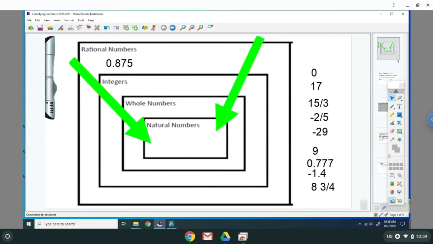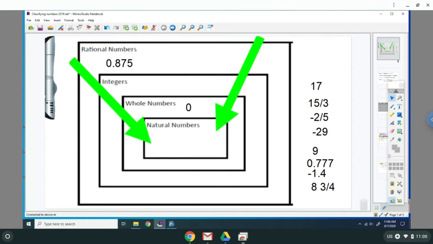Now we're going to go on to 0. 0 can go into rational because all numbers are rational. And so then you're going to ask yourself, can it go into integer? Well, since 0 is not a decimal nor a fraction, it can go into an integer, because integers are all positive and negative whole numbers. So since this is a 0, this is a positive, so this can go into a whole number.